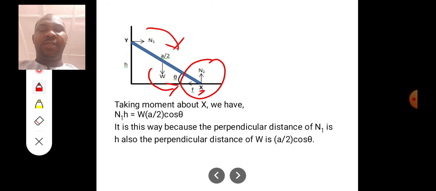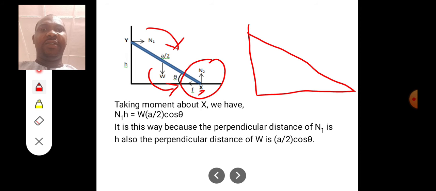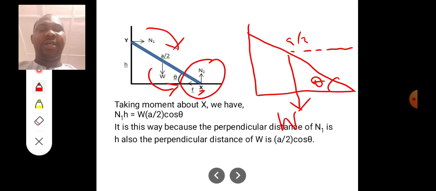Then for W, it will be W times A over 2 cos theta. That's because moment is force times perpendicular distance. I want to show you something quickly here. If this is the weight and this is theta, the angle, the ladder length gives A over 2 here. The perpendicular distance should be somewhere here, that means the distance that is perpendicular to the weight.